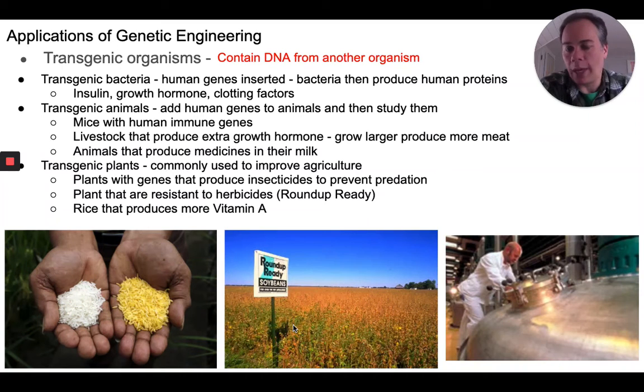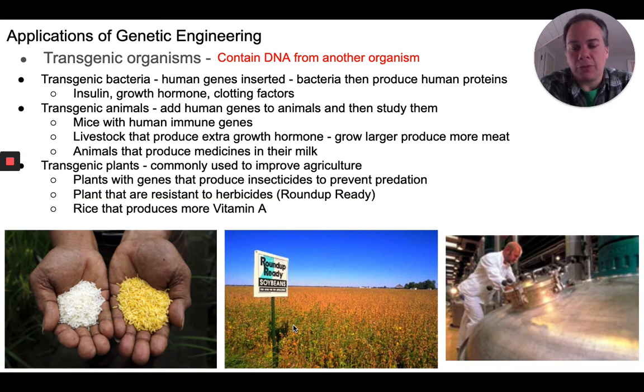And so this is a way of sort of mass treating fields with herbicides without harming the crops. Obviously, one of the trade-offs is that means that in agriculture we're using vastly more herbicide to grow those plants, and that has its own consequences in terms of the ecosystem, and we'll talk more about that in our next unit.